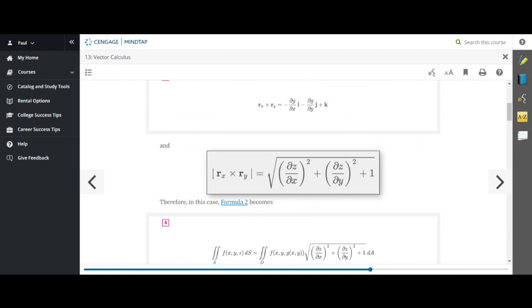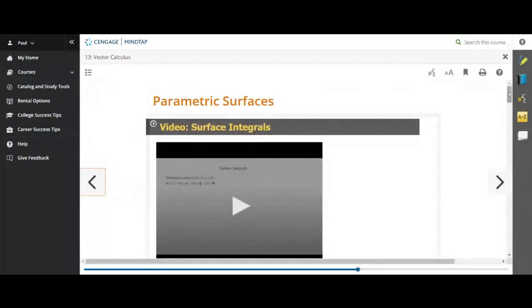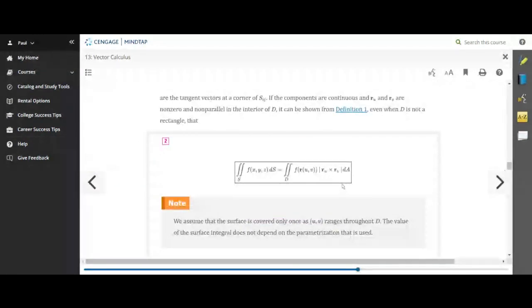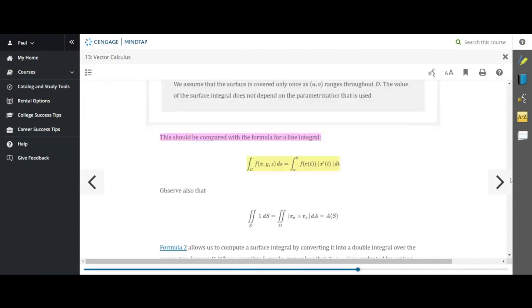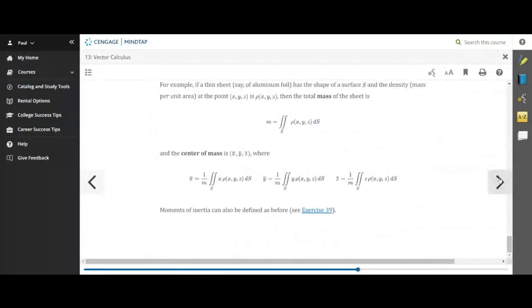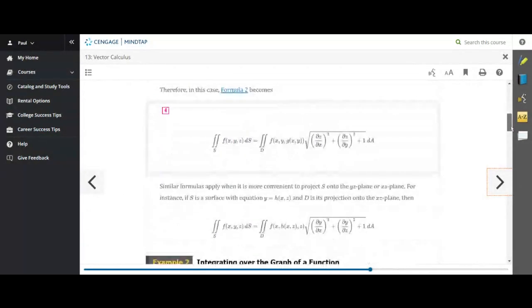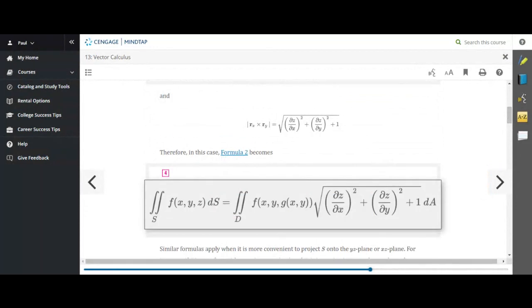And so formula 2, which was this formula, can be replaced with this formula.